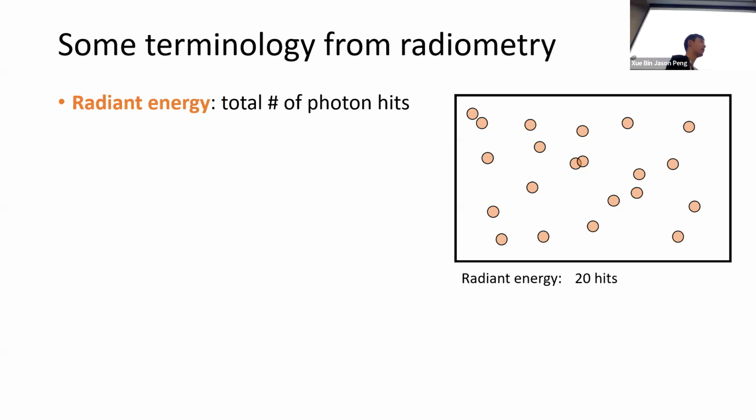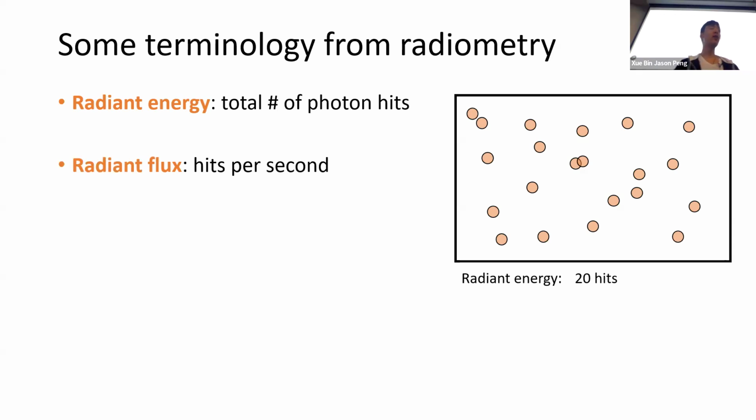Now, in addition to measuring the total amount of energy that arrives on the surface, another quantity that we may be interested in is the radiant flux. And this is the rate at which light energy arrives on the surface.